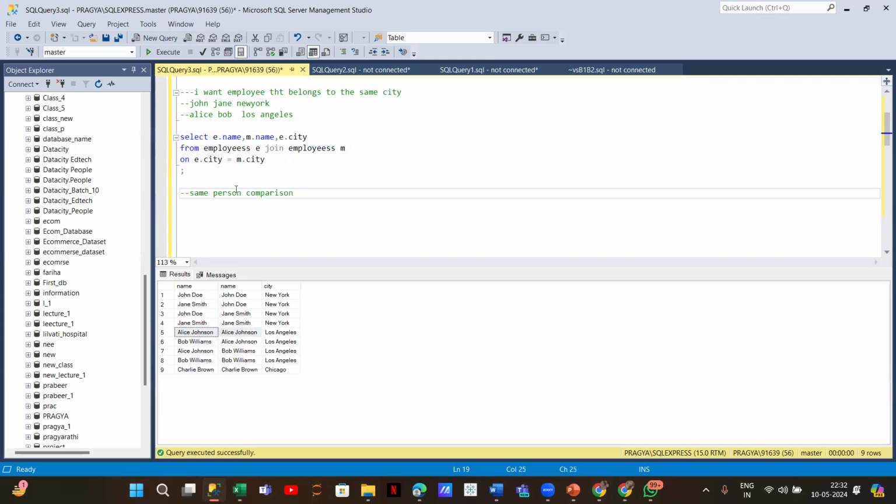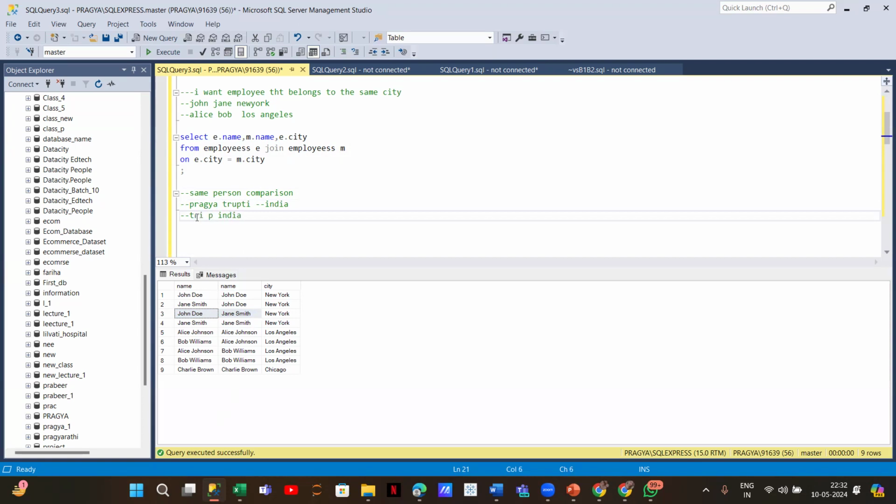What is the other thing that I'm getting? The other thing that I can see is that it's written here that Jane and John belong to New York, or John and Jane belong to New York. Both are the same thing. If I say that Pragya and Tripti belong to India, and if I say Tripti and Pragya belong to India, is it the same thing or different thing?